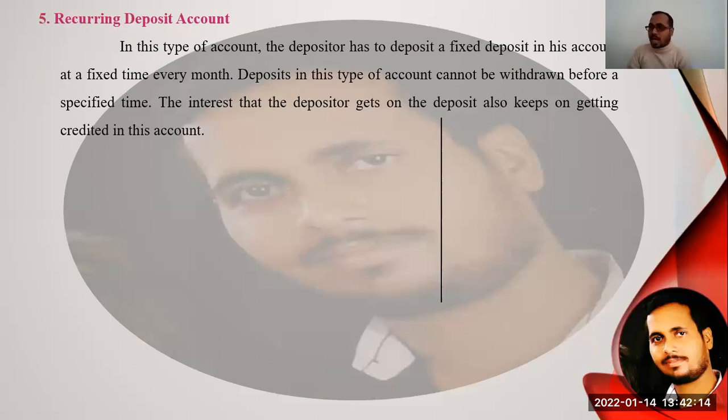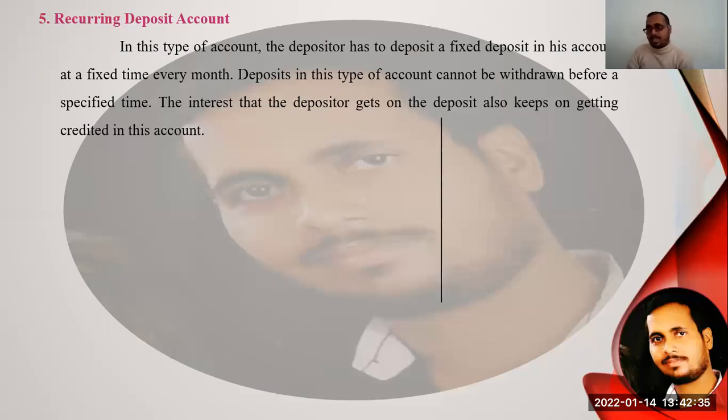We open our accounts and have to deposit 1,000 rupees or 2,000 rupees monthly, weekly, or every 15 days in our accounts. So the bank provides an account number and an agent for collecting such amounts from us.